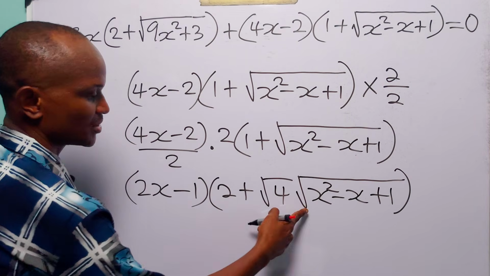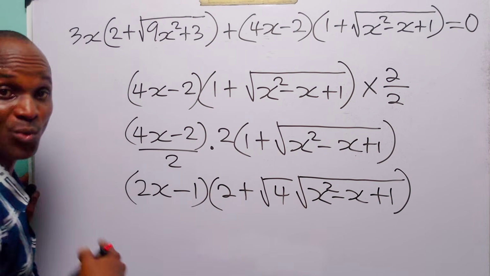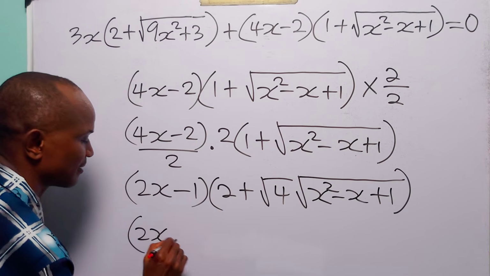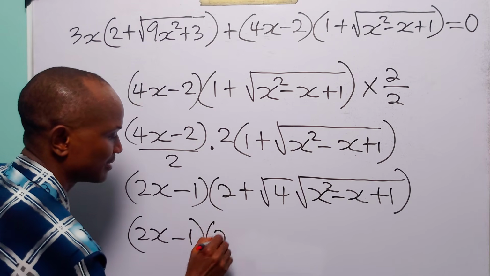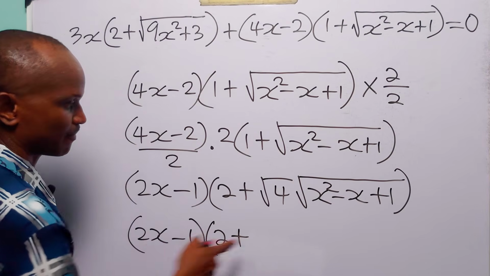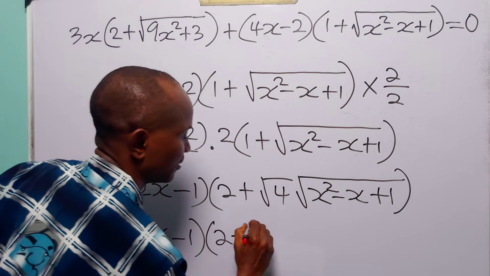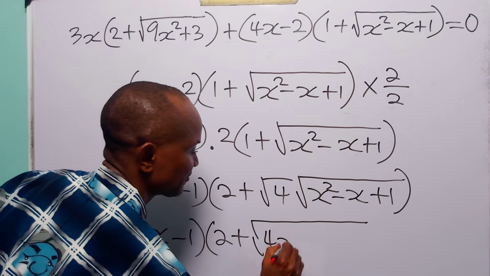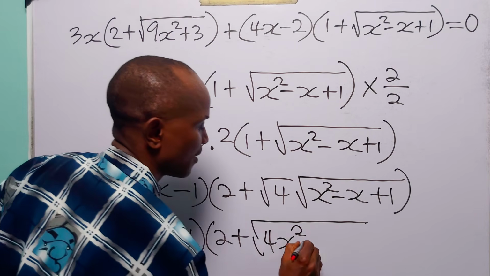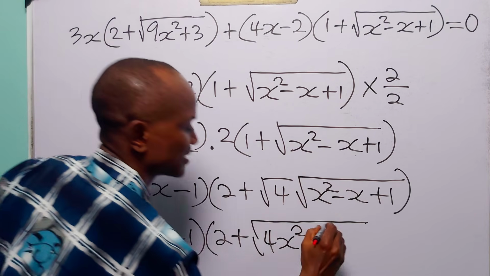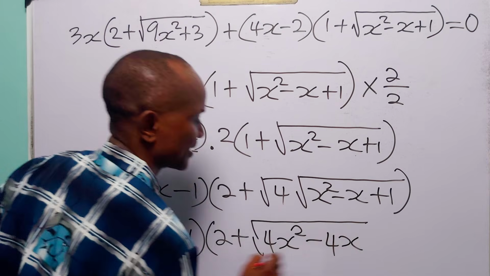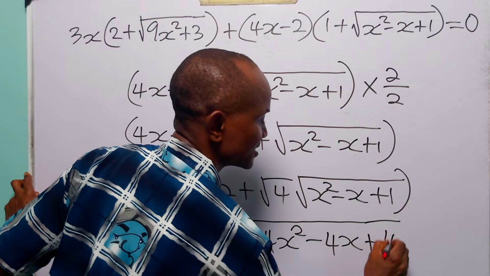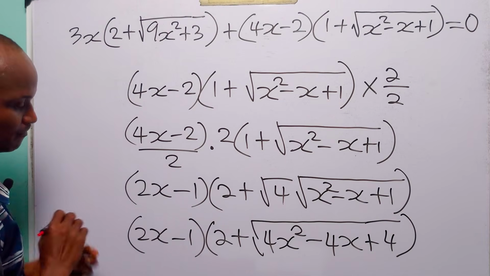Now what we are going to do is combine these two square roots. So we have 2x minus 1 times 2 plus the square root of 4 times x squared, which is 4x squared, minus 4 times x, which is 4x, plus 4 times 1, which of course is equal to 4.